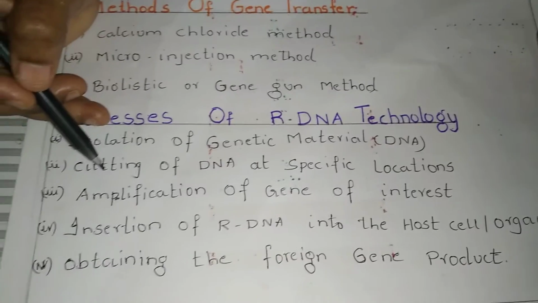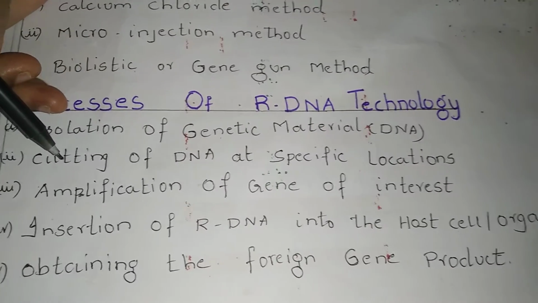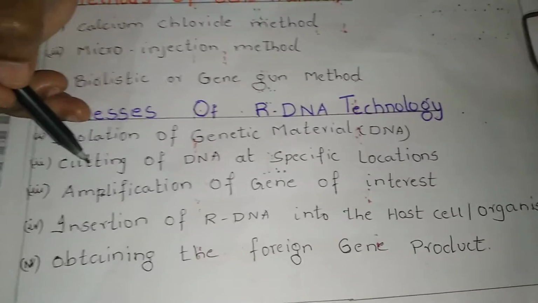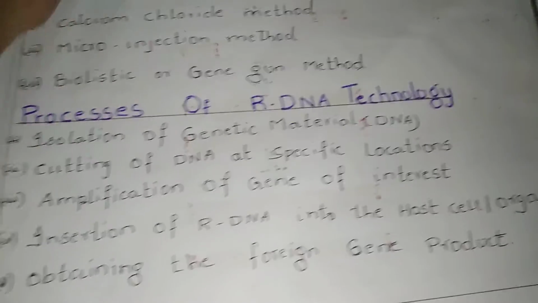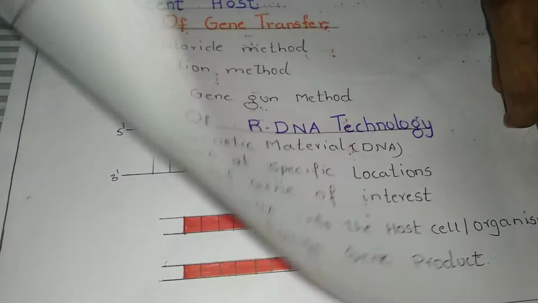Then this gene of interest has to be increased in its amount. That increase in the amount of the desired gene in the DNA is called amplification. So now let us see what is the process of amplification.